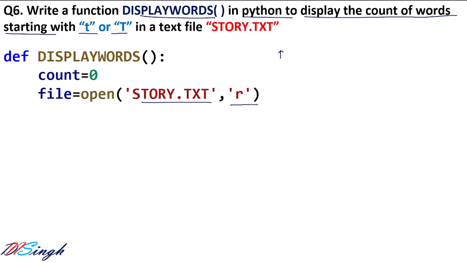Here we have opened the file in read mode, and this is our file pointer. Then we read the content in a particular variable, that may be a line or anything else, but here we are taking it as line. Okay, so in that line what will happen? All the content which is there in the story.txt will be available in the form of a string.